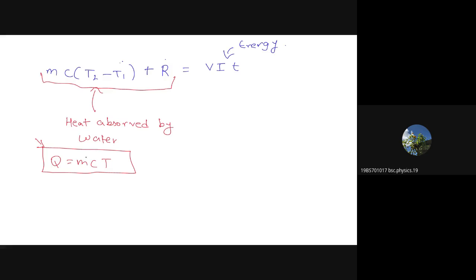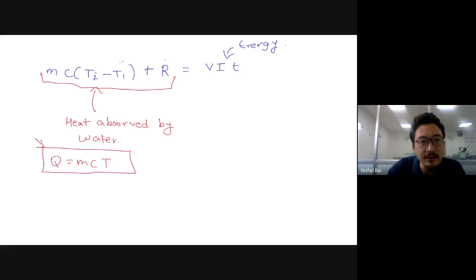And the temperature is the difference of the temperatures, T2 minus T1. That is the amount of energy the water will take. Is this point clear? In addition to this, the heat will be lost through radiation as well. So we are basically adding the total amount of heat. Clear?